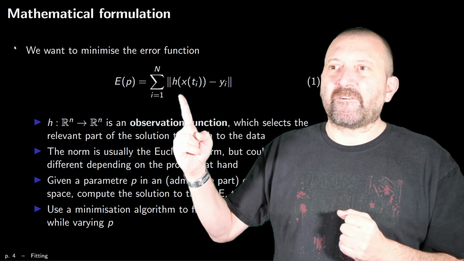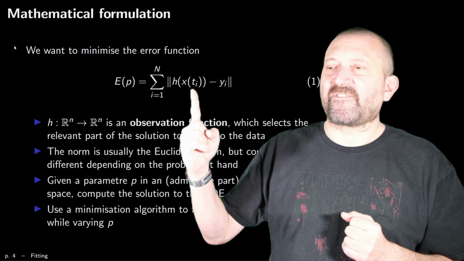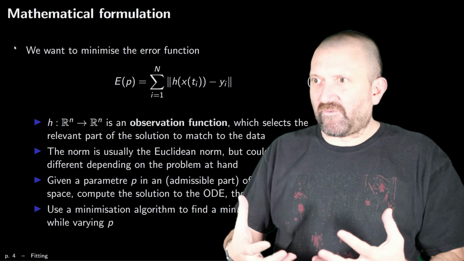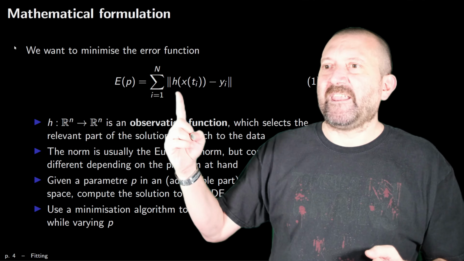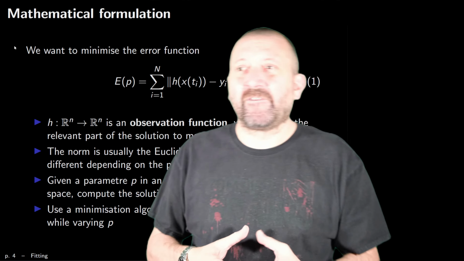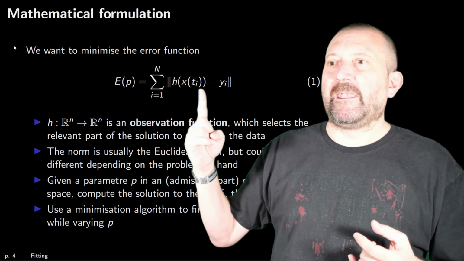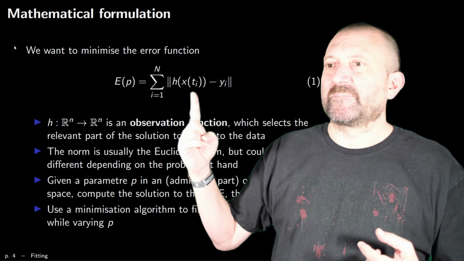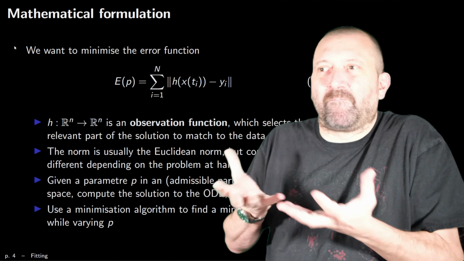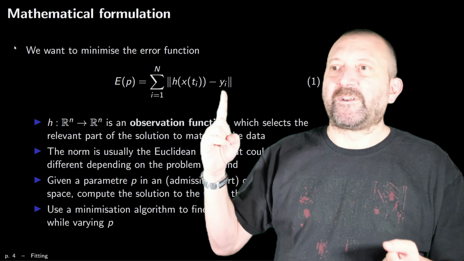So what that function h does is it selects in x, x being the solution to your system, the variables or combinations of the variables that you are able to observe, and it puts it in a form that allows us to compare it with the data points.